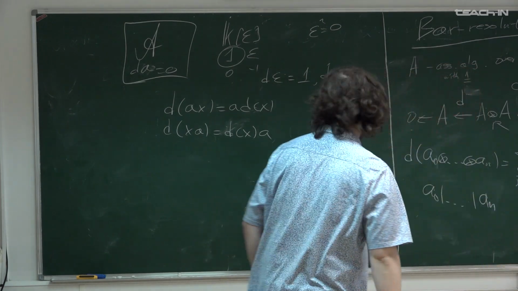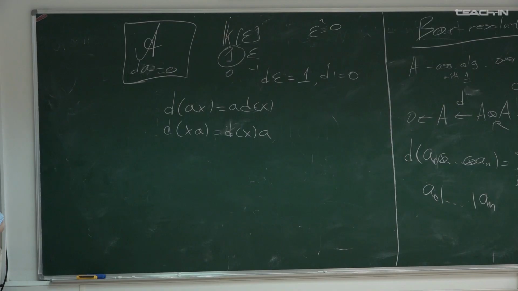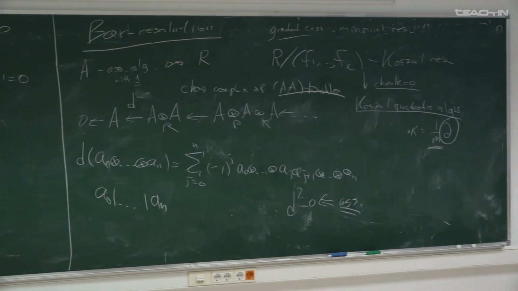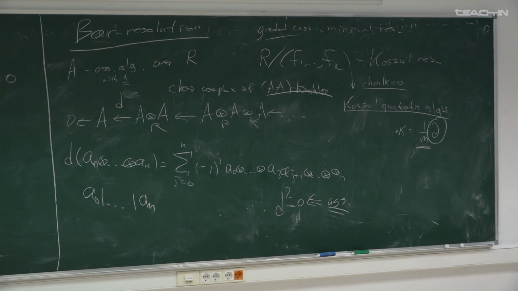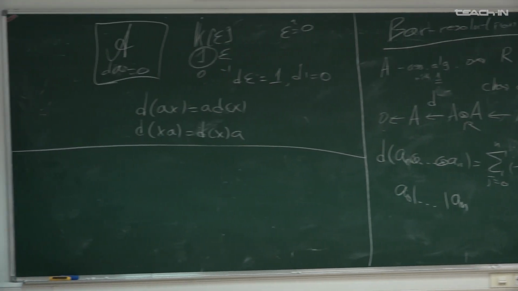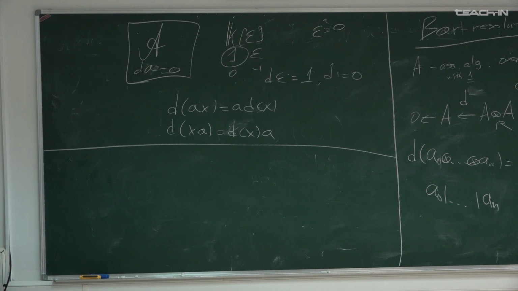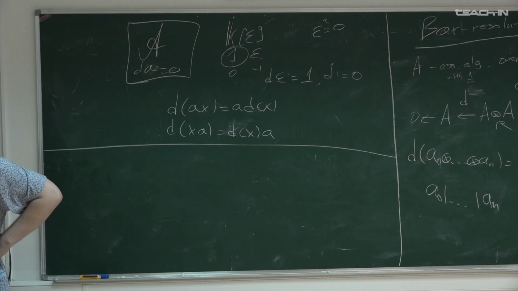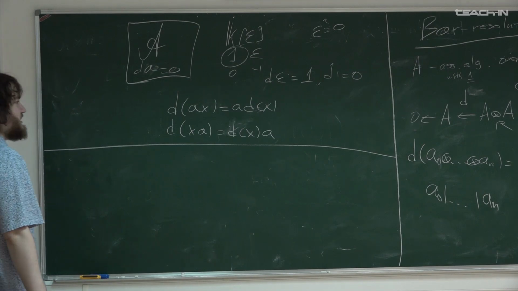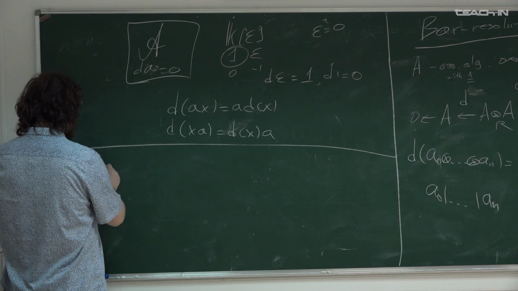In fact, it's exact. Why is it exact? In fact, it's contractible. And again, contractibility is much more obvious in the second interpretation. In the second interpretation it's more or less obvious because you have the bar construction.